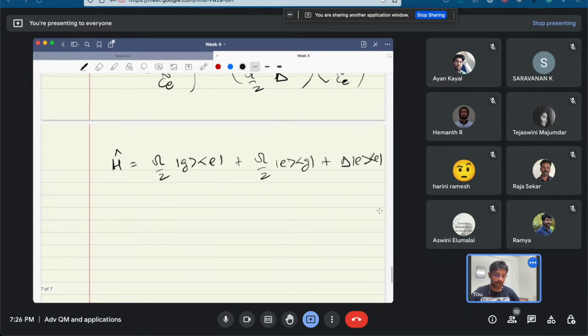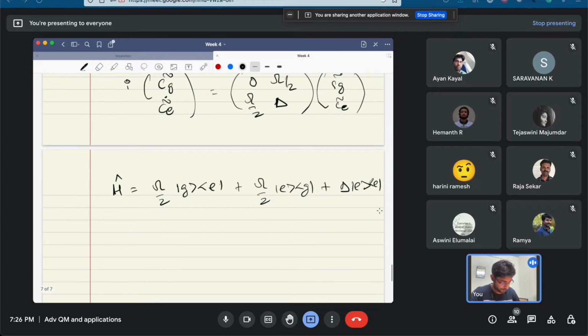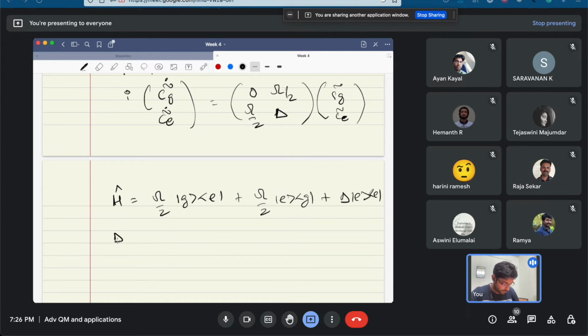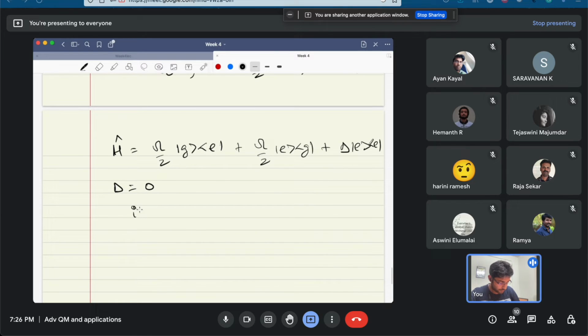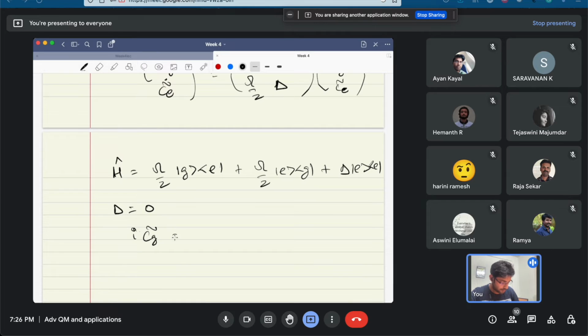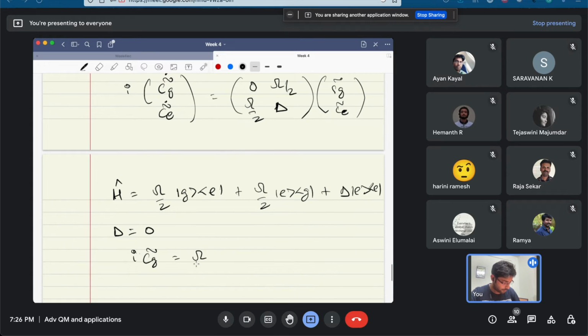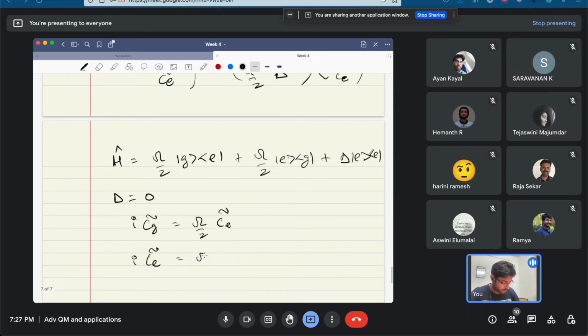Okay, and in order to find the equation of motion, let's say we solve for detuning equal to 0. So this gets even simpler. You have your CG tilde dot as omega by 2 CE tilde, and you have your CE tilde dot as omega by 2 CG tilde.